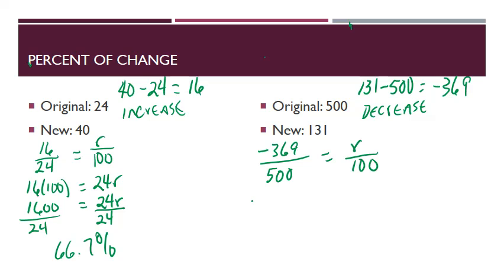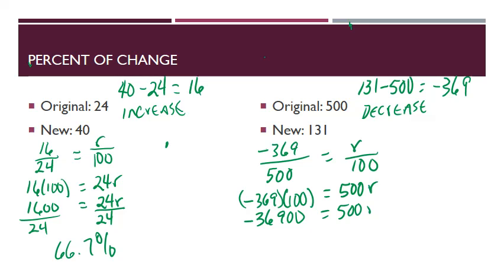Let's cross multiply. We got negative 369 times 100 equals 500R. Negative 369 times 100 is negative 36,900 equals 500R. I'm going to isolate the variable by dividing both sides by 500.